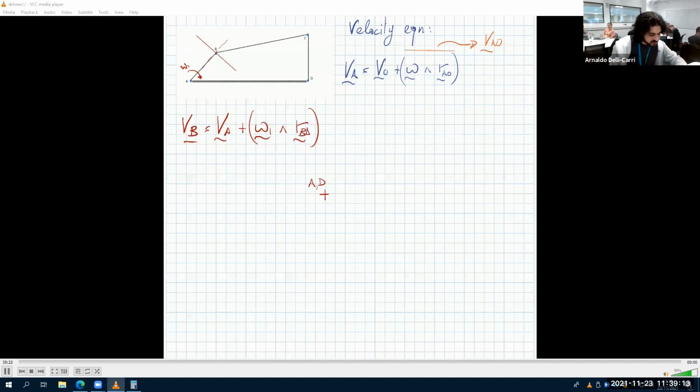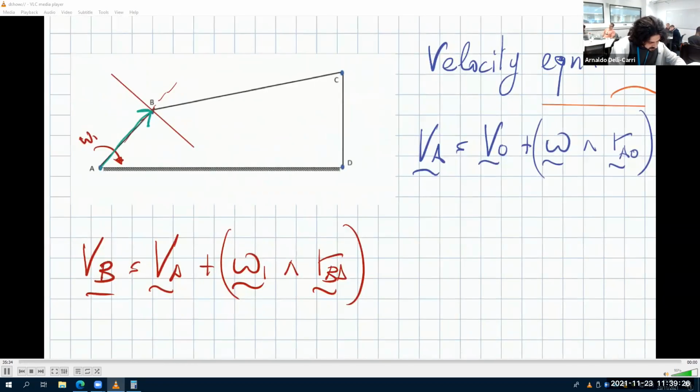It's the position vector of B with respect to A, and so that means it's this vector here. This vector here is RBA. So RBA is a vector with the point in B and the tail in A.